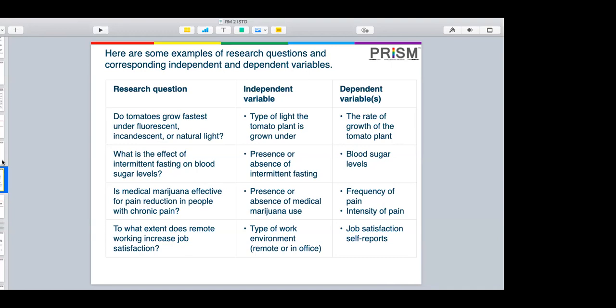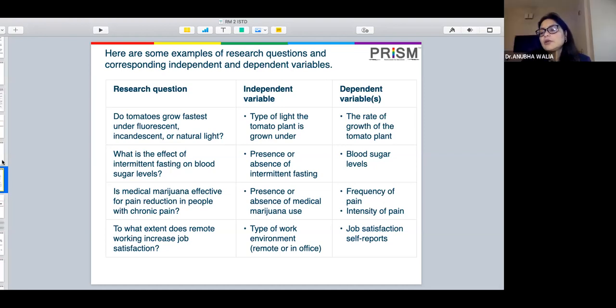So if two independent or X variables have a causal relationship between them, then to nullify that effect, we can use a third variable, which can be called a modifying variable? No, sir.